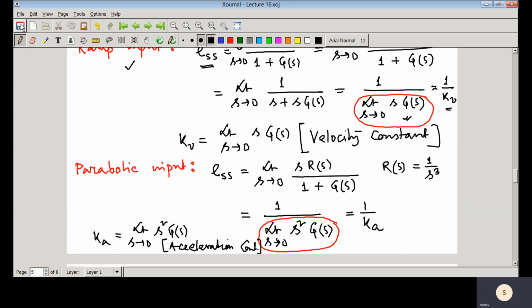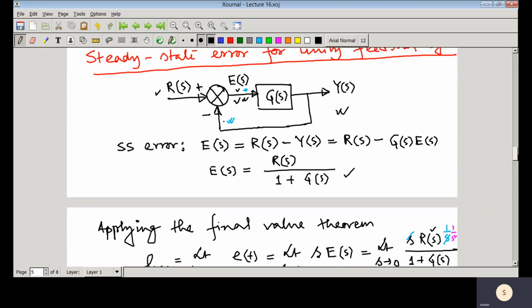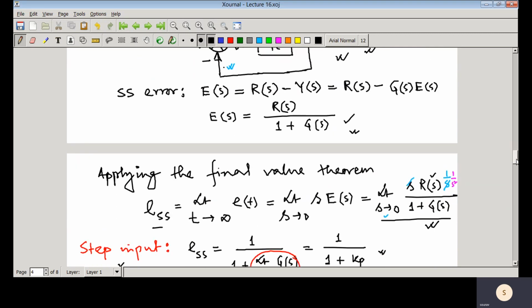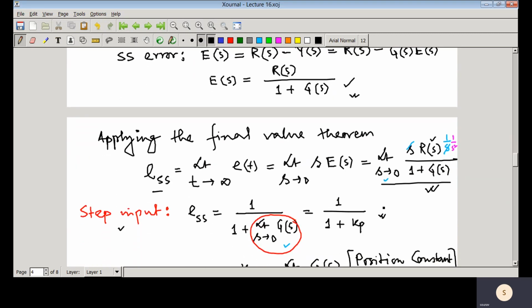So now what we have seen is that whenever we have a unity feedback system, we can derive this relationship for the error signal. If we apply the final value theorem, then we can find the steady state error, and we get this particular expression.